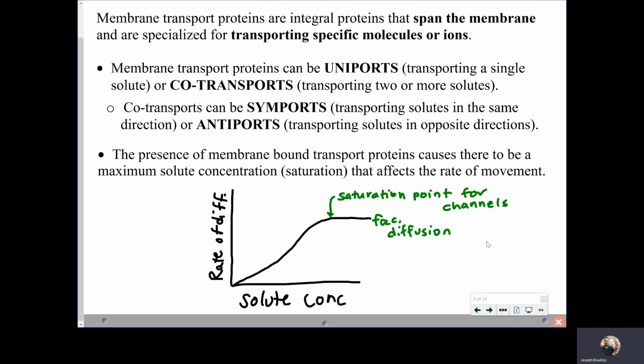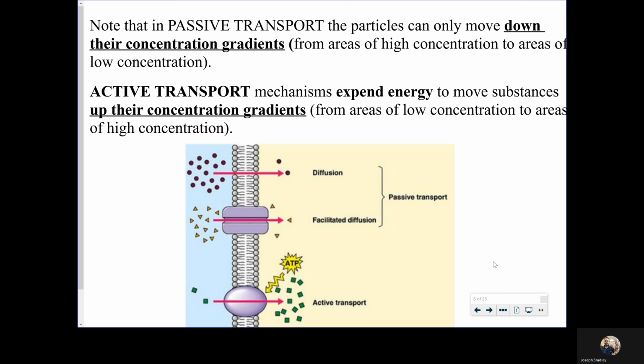There are going to be limits to how fast simple diffusion can happen as well, but that's going to be more based on the size of the cell. Note that passive transport materials are moving down their concentration gradient, which means they're going from areas of high concentration to low concentration.